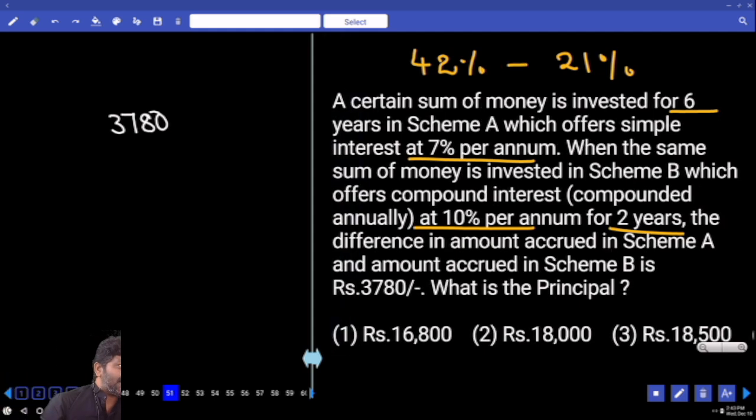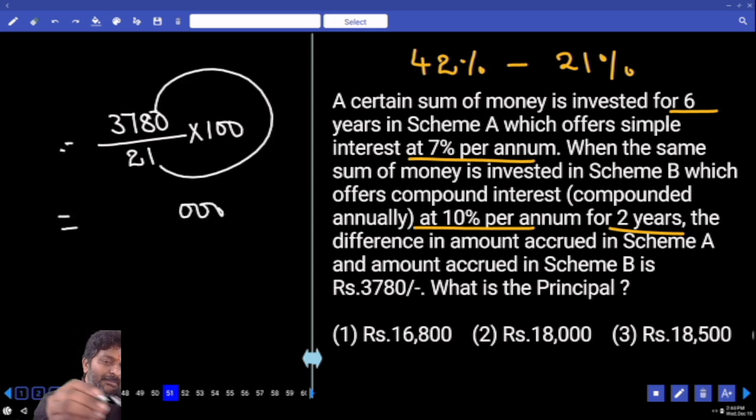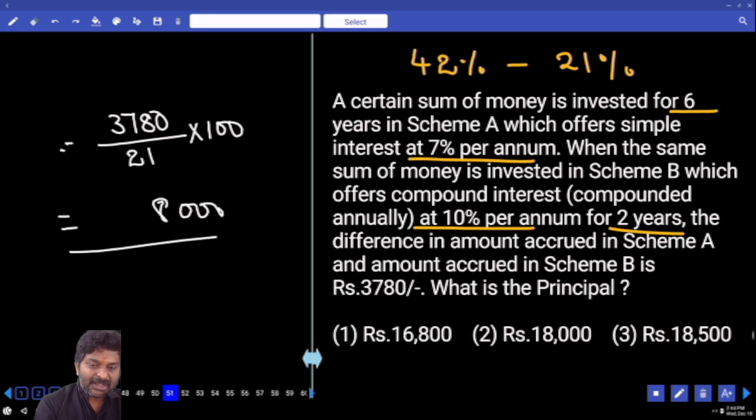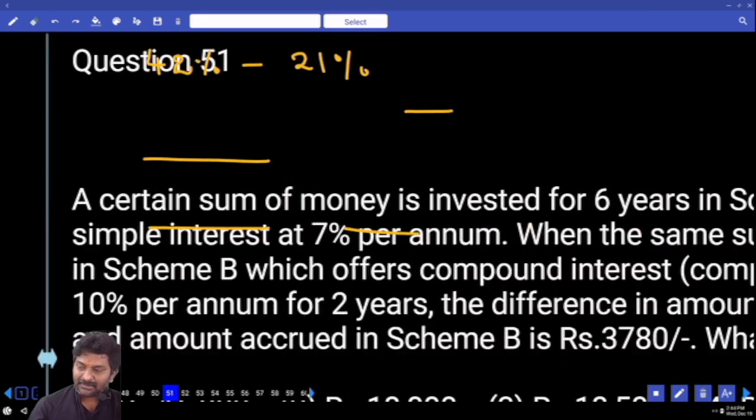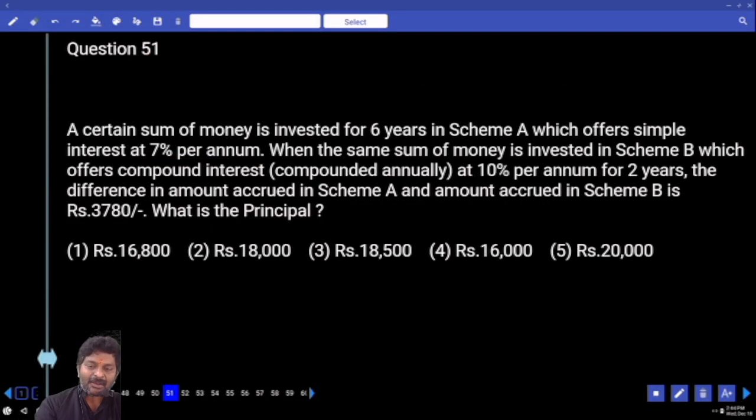Difference in interest is this value, equal to 21%, then 1% value is this much, and we want principal which is equal to 100%. How many zeros are coming? 1 into which number ends with 8? So the answer should end with 8,000. How many options are ending with 8,000? Only one, final.